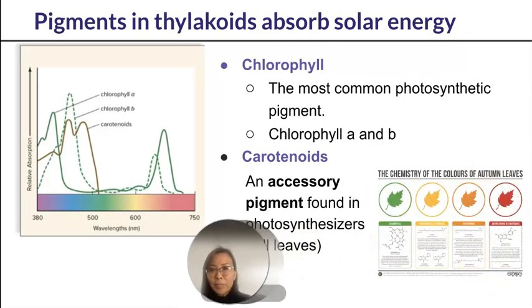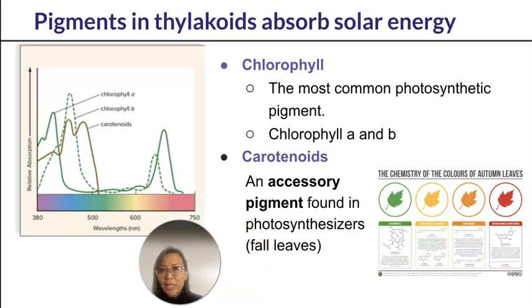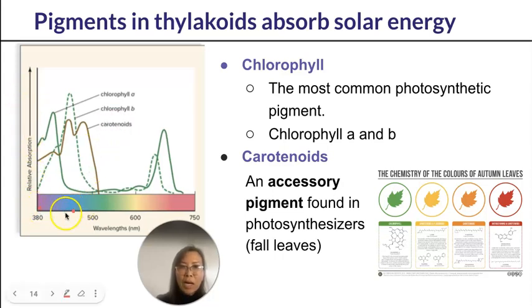Okay, so let's look at these pigments and understand them a little bit more. Chlorophyll is the most common photosynthetic pigment, and there's actually two chlorophyll pigments in the thylakoid membrane. There's chlorophyll A and chlorophyll B, and we can actually see them over here. In this graph, what we have is the relative amount of absorption to wavelength, right?